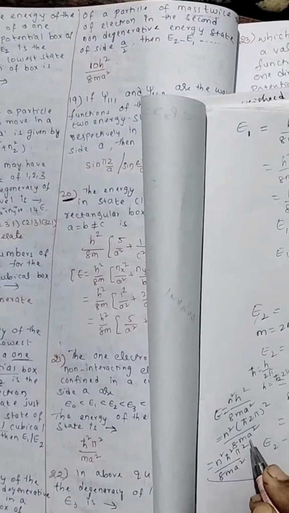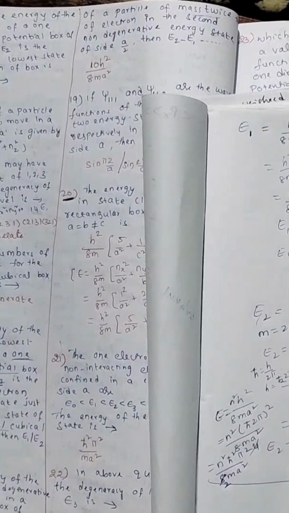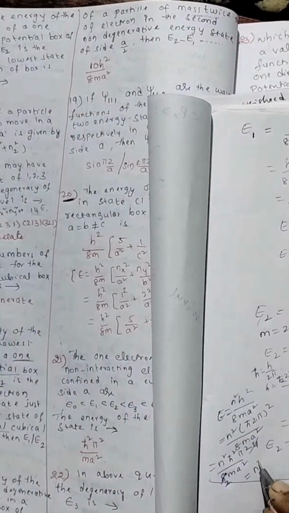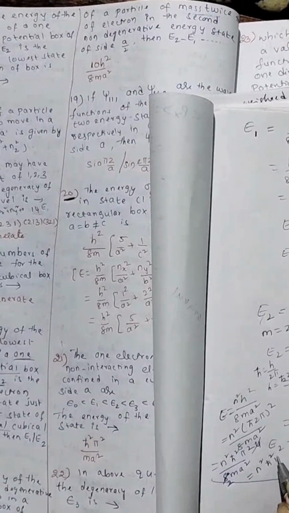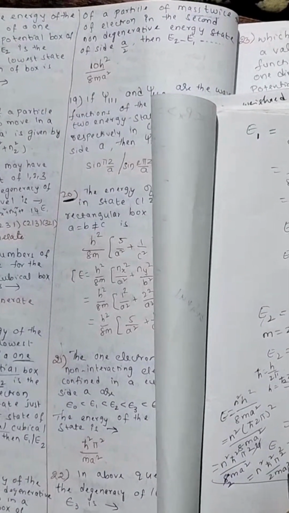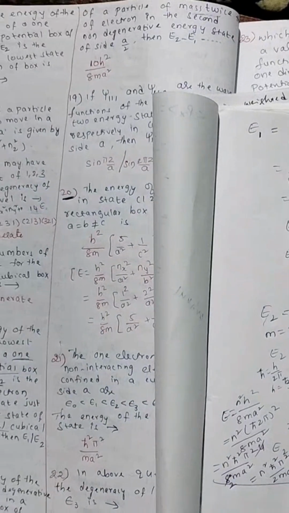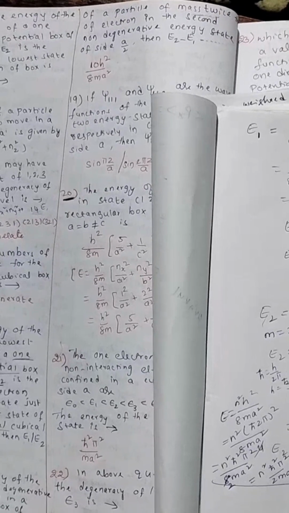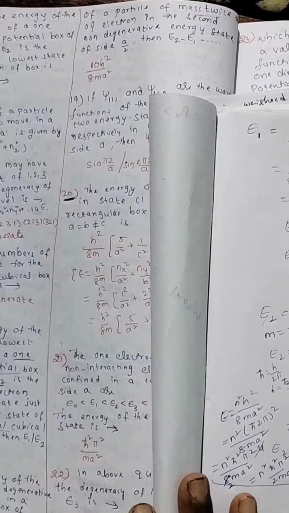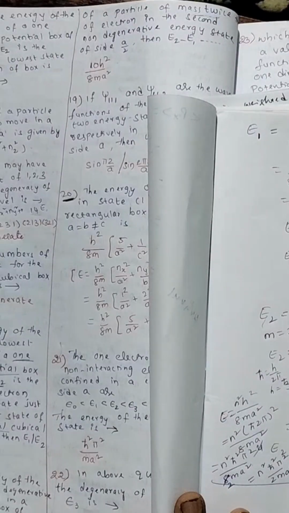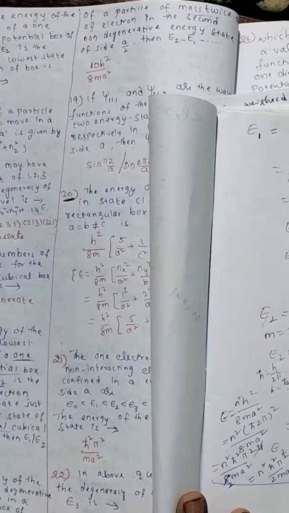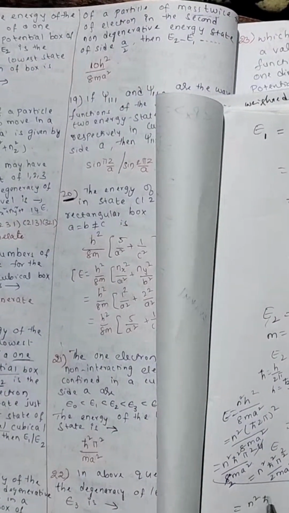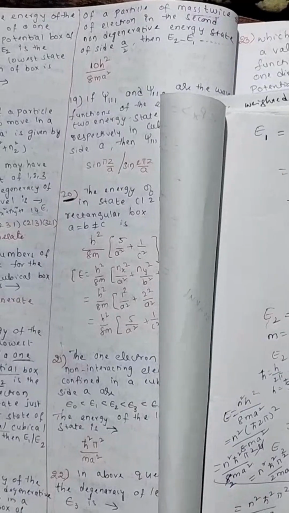Here 2 square is 4, 4 and 2s are. Now what we got? n square, h cut square, pi square by 2ma square. Right?